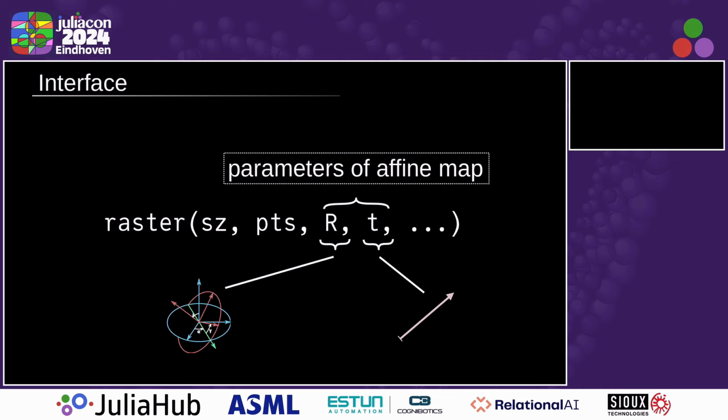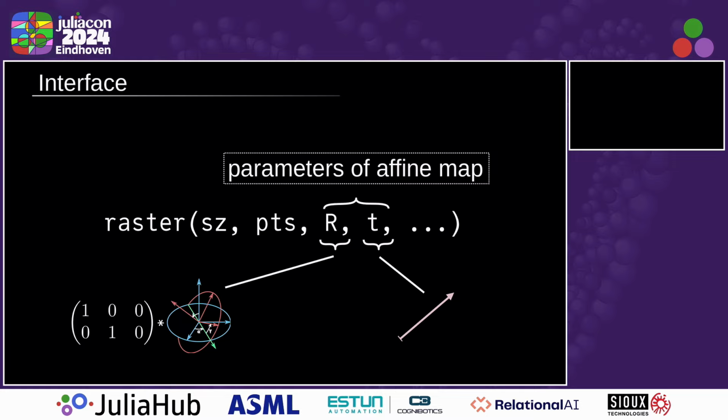And this is followed by parameters for an affine map. For example, this could be a rotation matrix and a translation vector. But it doesn't really have to be a rotation matrix, it can be any matrix, and it doesn't even have to be square. So for example, you could also provide a rotation matrix multiplied with a projection matrix.